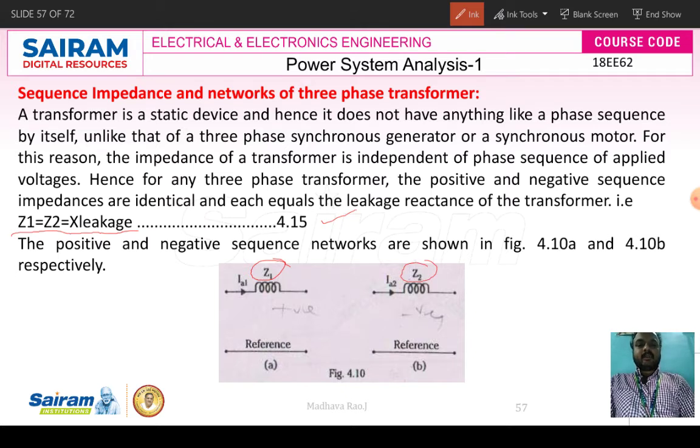IA1 represents the positive sequence current and IA2 represents the negative sequence current. Both impedances are equal to the leakage reactance of the windings.